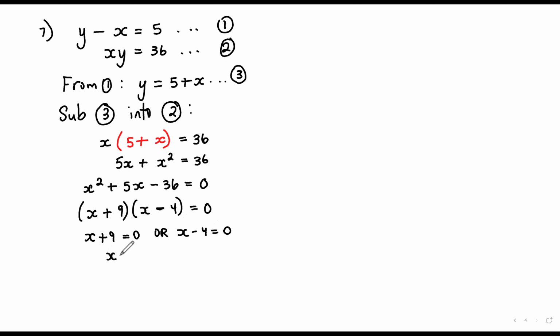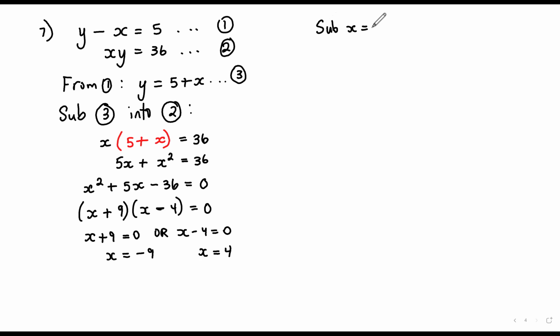So then this would be x is equal to negative 9, because 0 take away 9 is negative 9, or x is equal to 0 plus 4, which is 4. And once you get your two values of x, you can then proceed to substitute each of them into any one of the equations to find out what y is equal to.